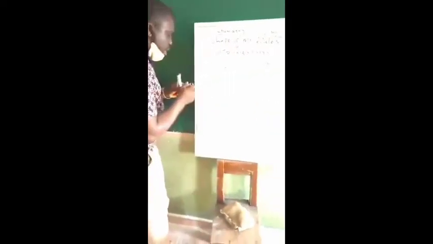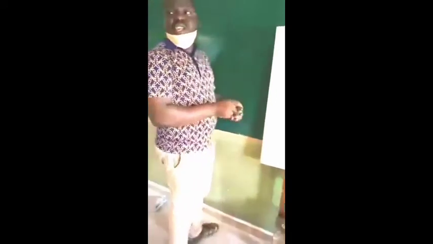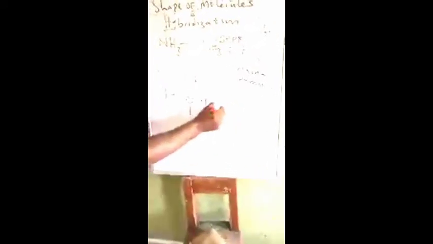The VSEPR theory is to minimize electrostatic repulsion. So to minimize the repulsion, the shape will change. The shape will be something like this. So the orientation will now be at 120 degrees, 120 degrees, and 120 what? Degrees.